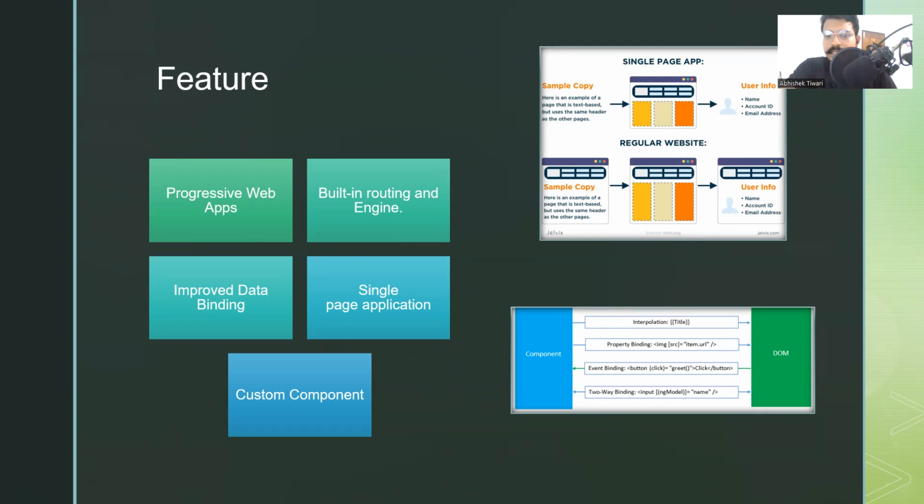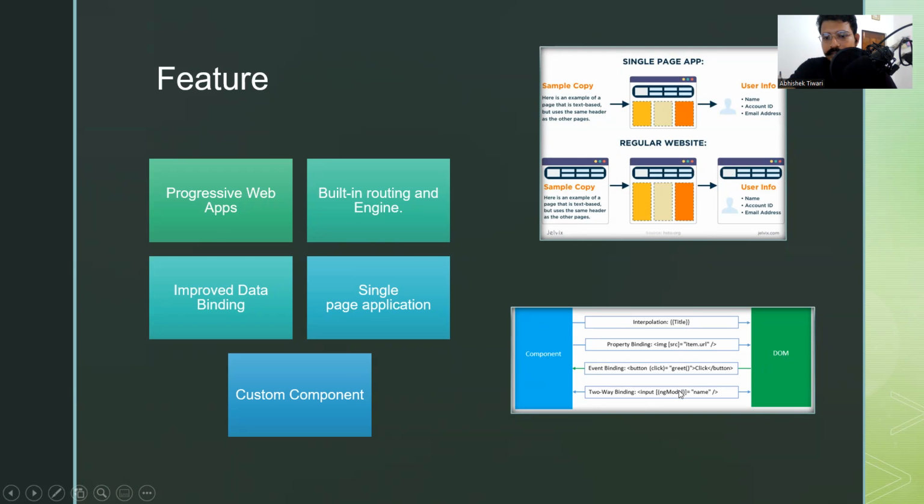But in Angular, every component has a TS file and an HTML file. Whatever you want to keep in dynamic form, you provide in the component, and that will be reflected in the DOM.